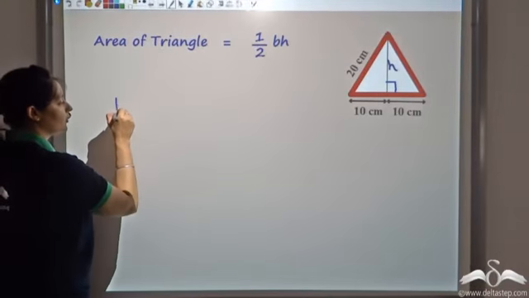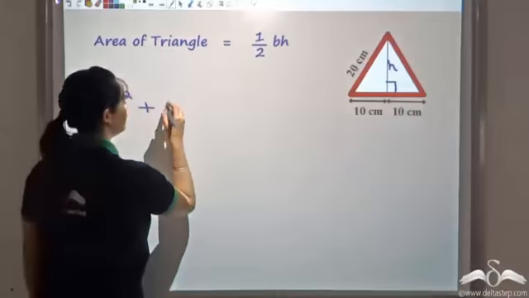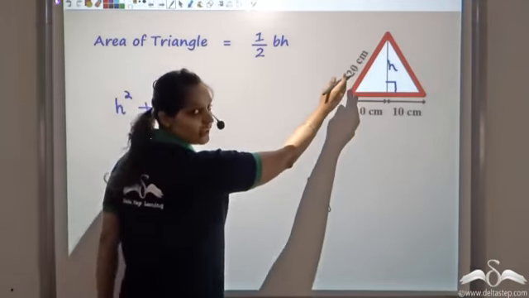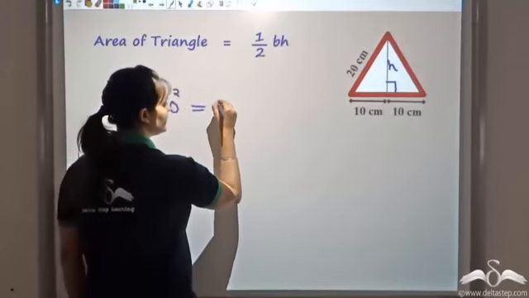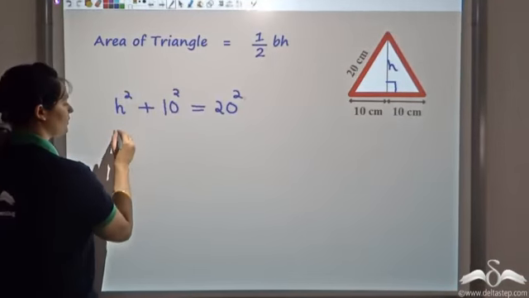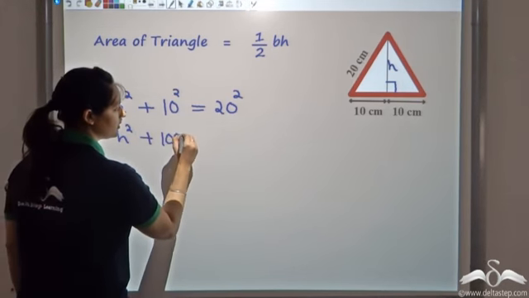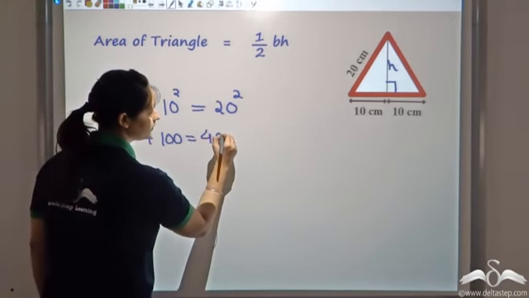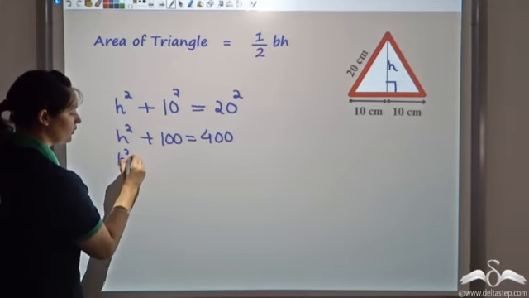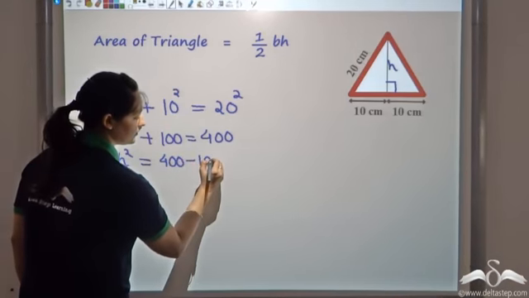By Pythagoras, height square plus the other side, 10 square, would be equal to the square of the hypotenuse, which is 20 square. So h square plus 100 would be equal to 400. Now h square will be equal to 400 minus 100.